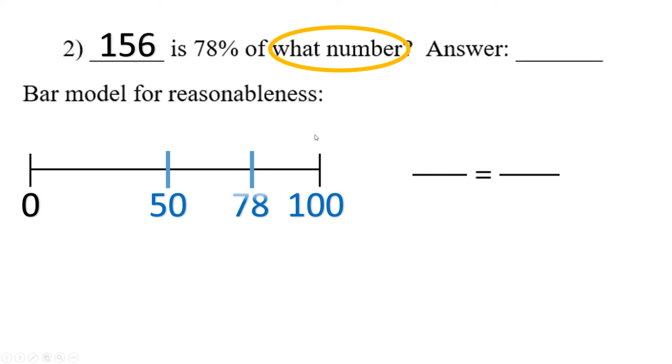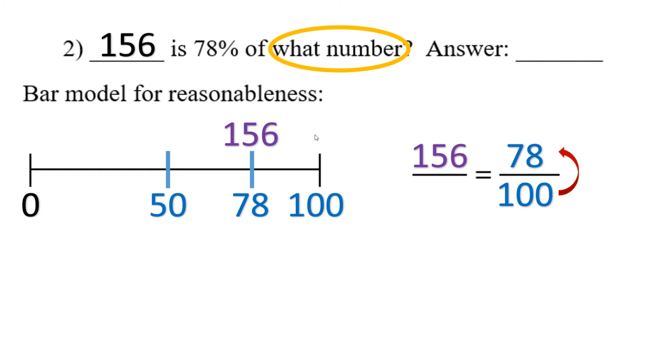We're trying to figure out 78% of that number, and 156 is 78% of that number. We have to see if our answer is reasonable. 78 is the percent, so that's over 100. 156 is the "is," so that is the part, and then "of what number" means we don't know the whole number.